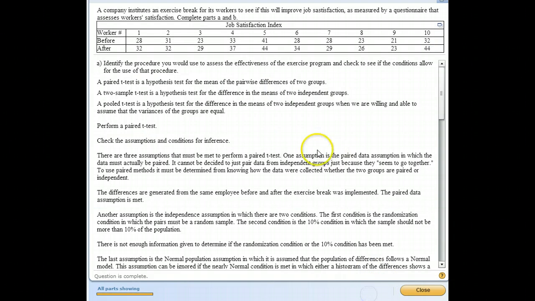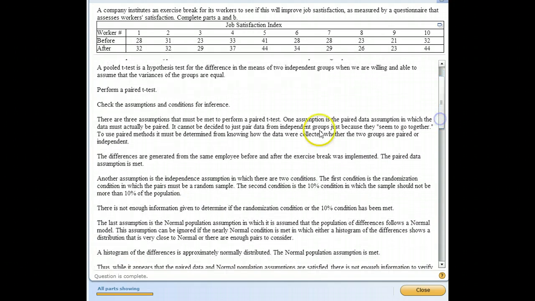Now getting back to the problem, certainly we are going to be using a paired t-test here. There's no reason to move on to anything else because we know that these two sets of data are related and strongly related. Now the assumptions are detailed here, where we want to make sure, were these randomly selected? We would assume that they were.